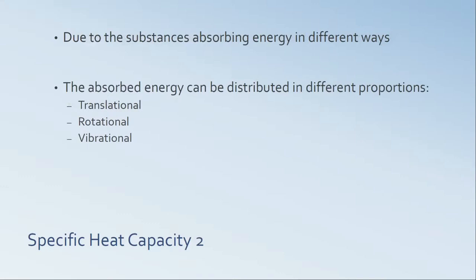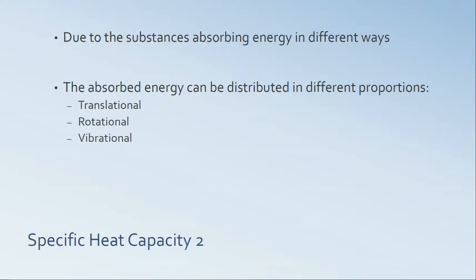And different substances have different specific heat capacities due to the fact that they absorb or emit energy in different ways. So if we have two objects that are absorbing the same amount of energy, one object, say, might absorb that energy in the proportion of maybe 50% translational energy, 30% rotational, and 20% vibrational.